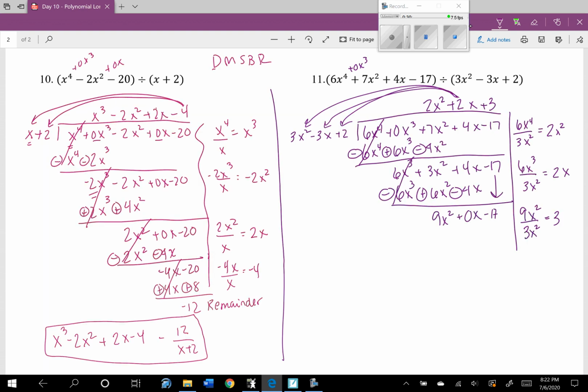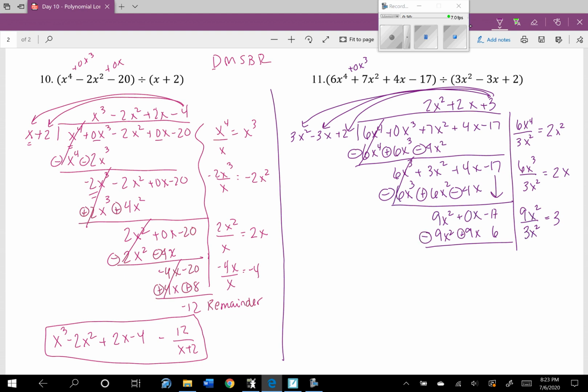And then now we multiply. 3 times 3x squared gives us 9x squared. 3 times negative 3x is minus 9x. 3 times 2 is 6, so that goes here. S stands for subtract.